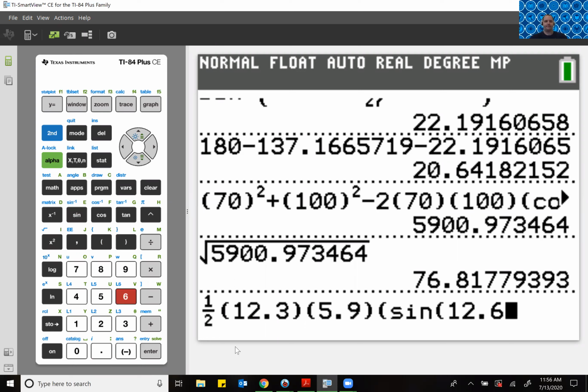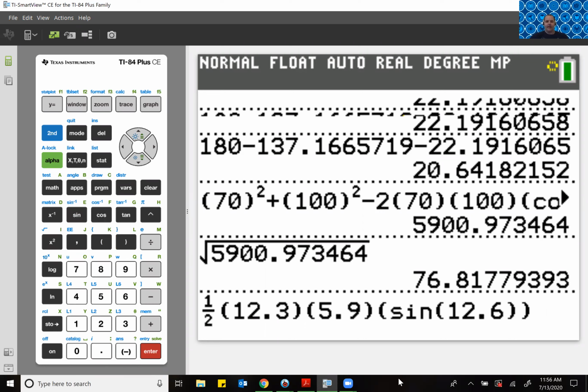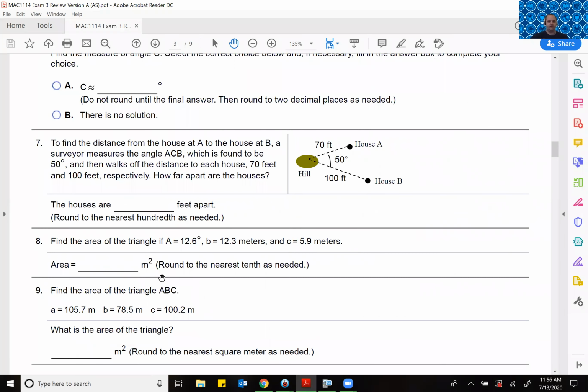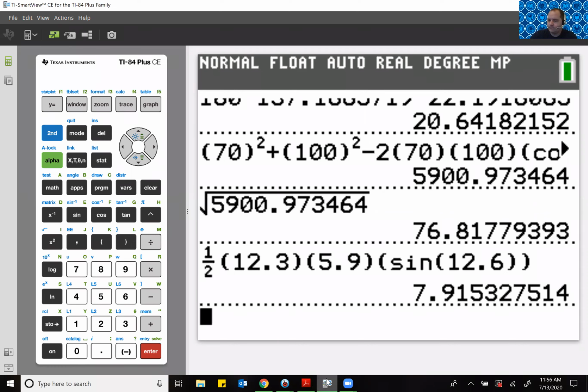Close it all up. And there is our area, and they want us to round to the nearest tenth. So that'll be 7.9 meters squared, because area is always squared. All right. So in that blank goes 7.9.